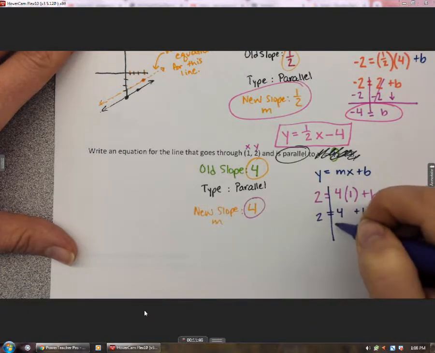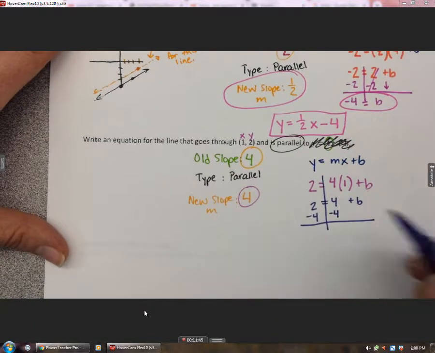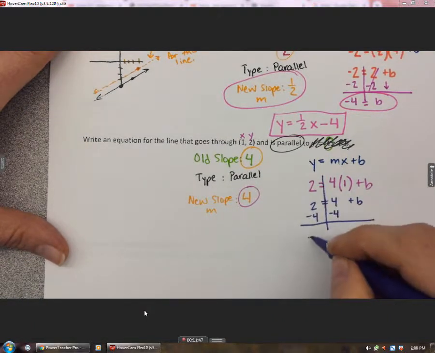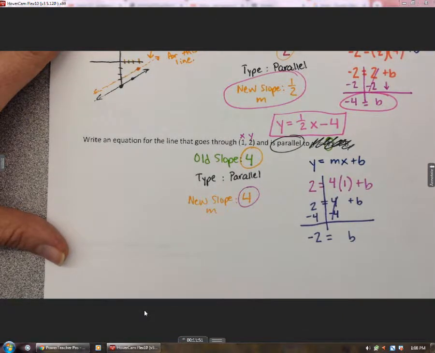To get b by itself, we can subtract 4 on both sides. 2 minus 4 is -2 equals b. So I have my 2 ingredients, 4 and -2.